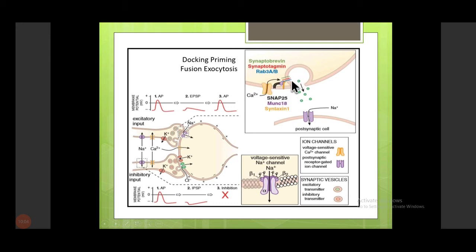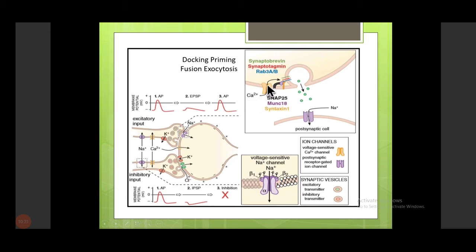This would bind with these axonal and the vesicular proteins. These would help in opening the calcium channels, which are the yellow colored.